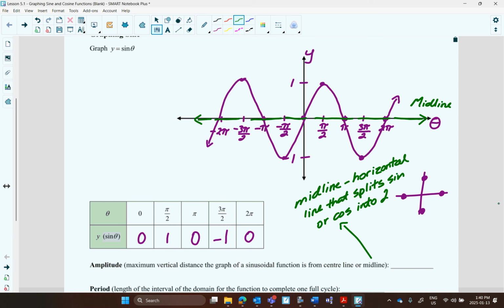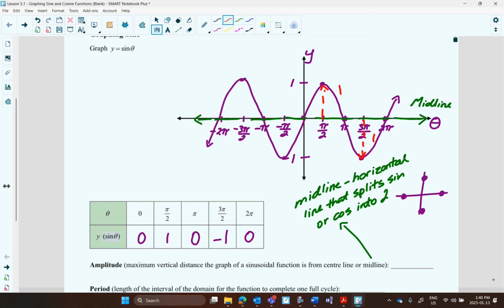So now that we know what the midline is, we can get the amplitude. And the amplitude is simply the distance, always positive number, okay? The distance from the midline to the maximum or the minimum, because it'll always be the same, because we split it in half horizontally. So the amplitude would be the distance from the midline to here, which is 1, right? Because this is 1. Or I could see an amplitude over here. Remember, it's the distance, so take the absolute value.